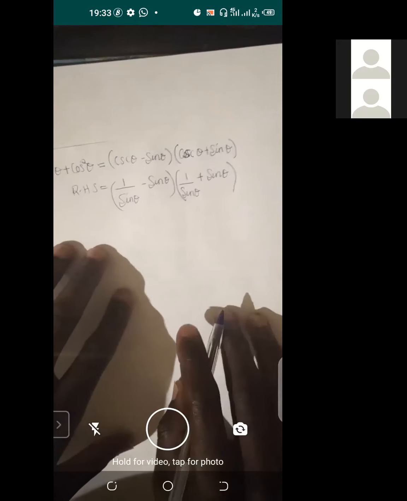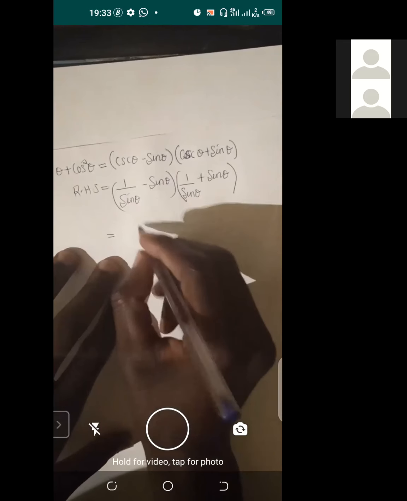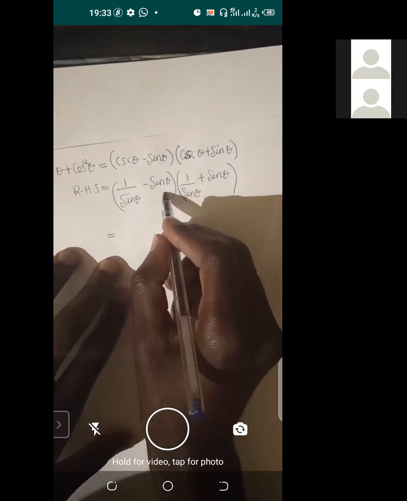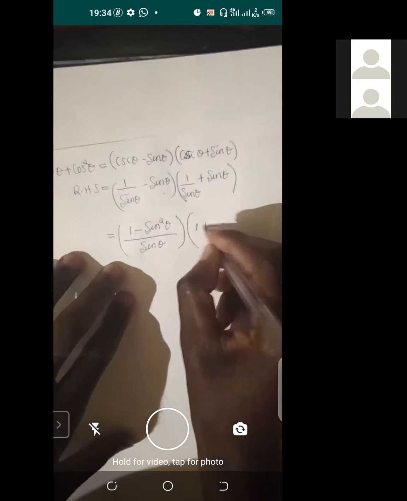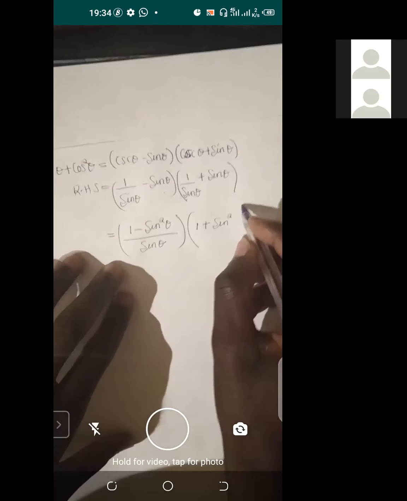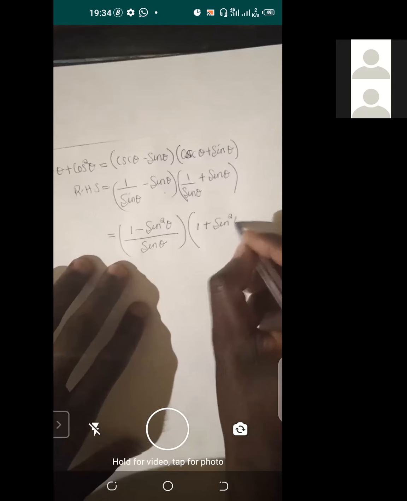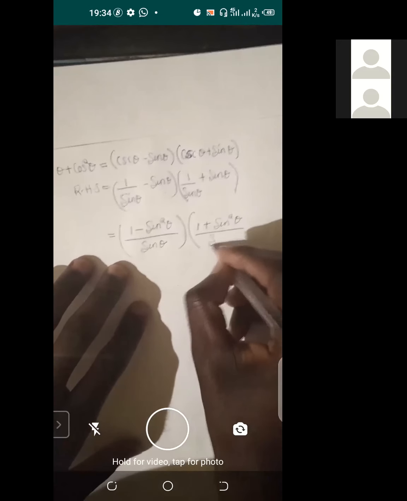When you find the common denominator here, this is 1 minus sine squared theta over sine theta, and the whole lot of this multiplied by 1 plus sine squared theta over sine theta.